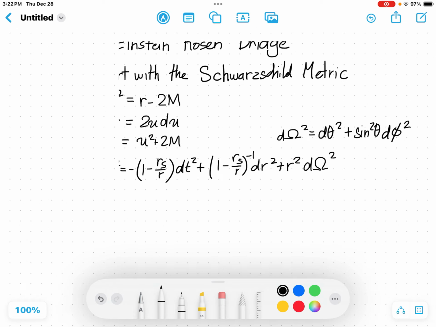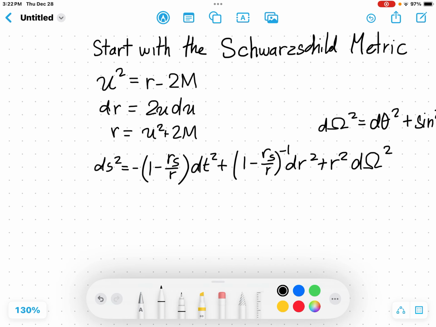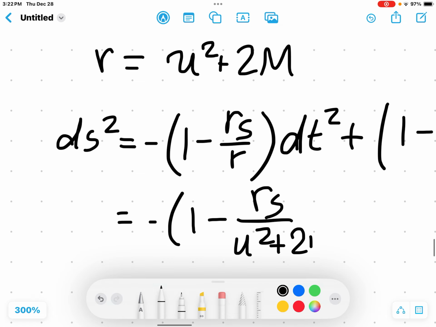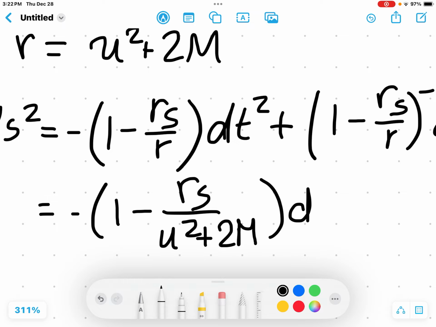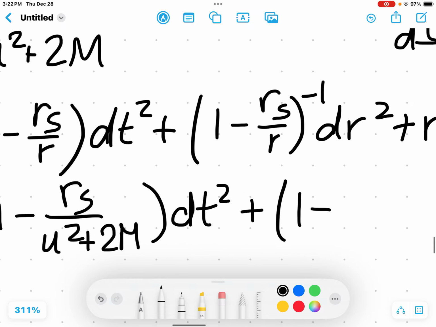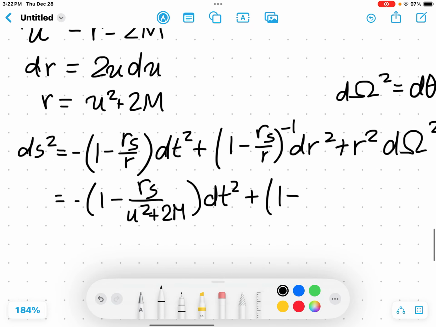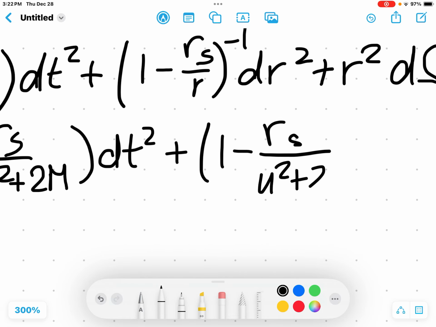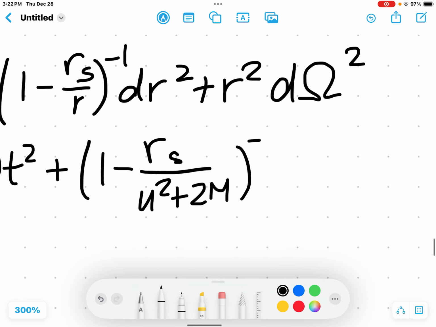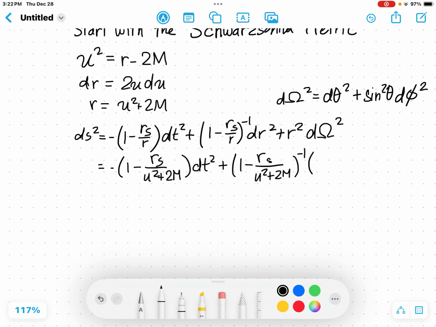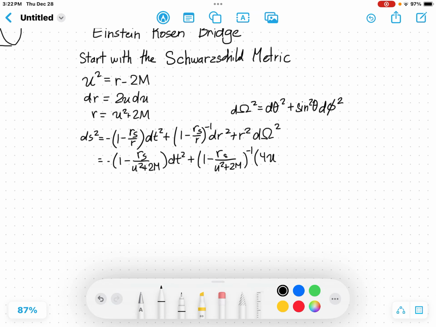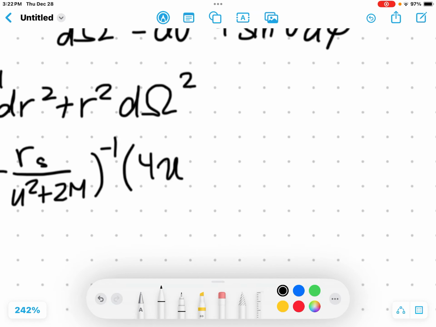Okay, so when I make these substitutions, I would get, let's see if I can do this right, minus (1 minus rs over u squared plus 2m) dt squared, plus (1 minus rs over the same thing, u squared plus 2m) to the minus 1, and then I have my dr squared, which is 4u squared du squared.